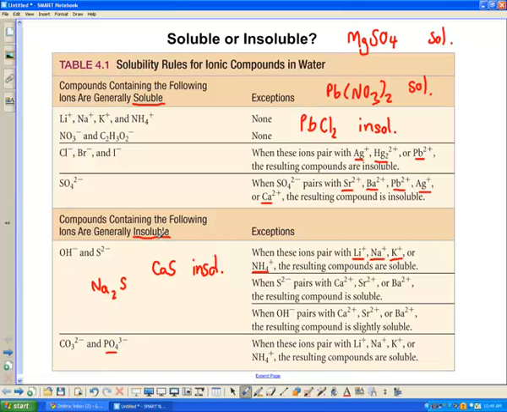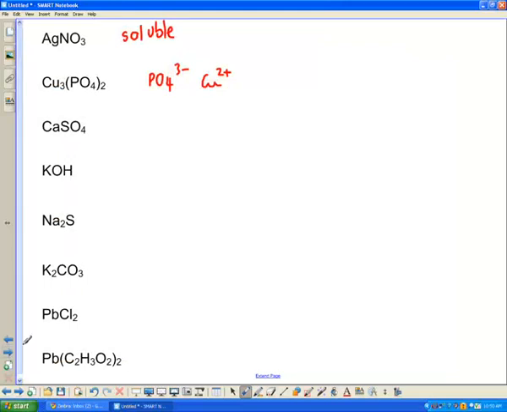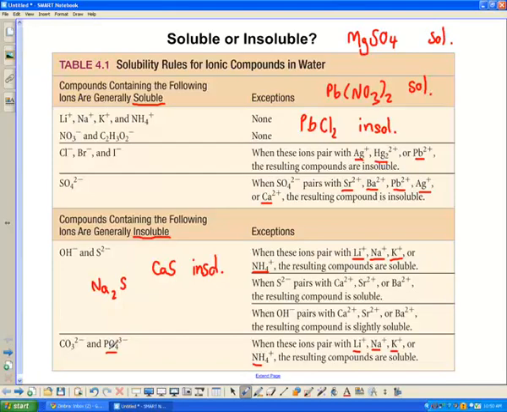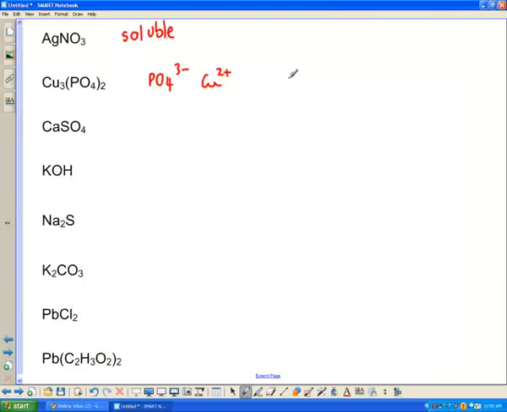We're in the insoluble part of the table. So when phosphate binds with lithium, sodium, potassium, or ammonium, the resulting compound is soluble. But we don't have any of those. We have copper, and copper is not listed under the exceptions here, with the result that copper phosphate must be insoluble.